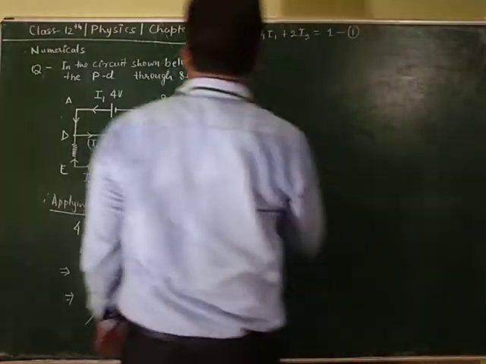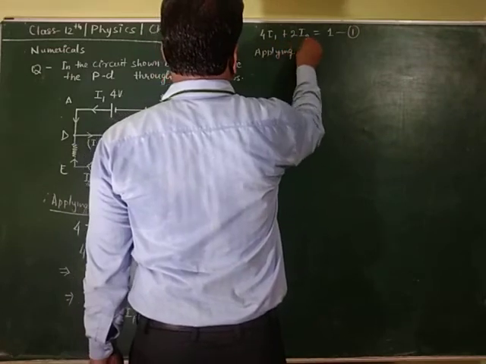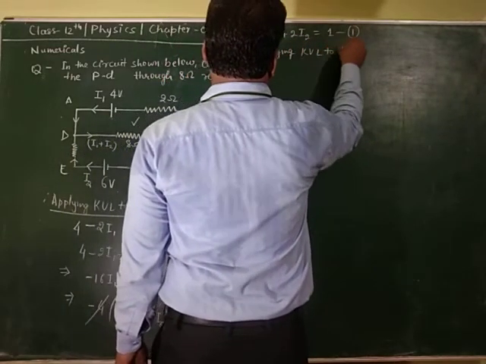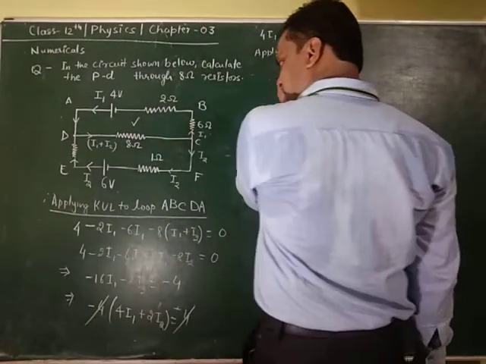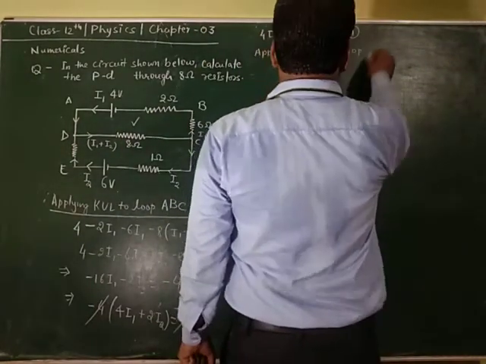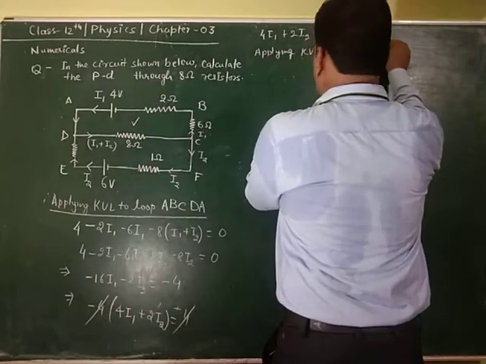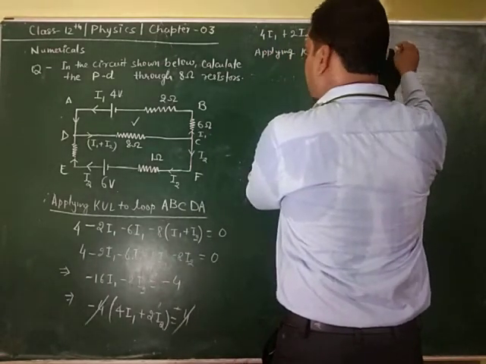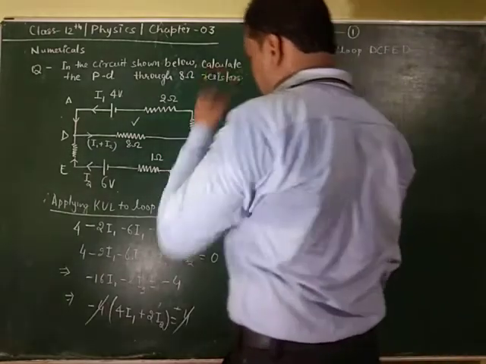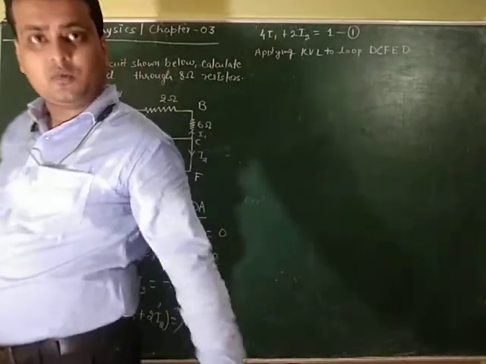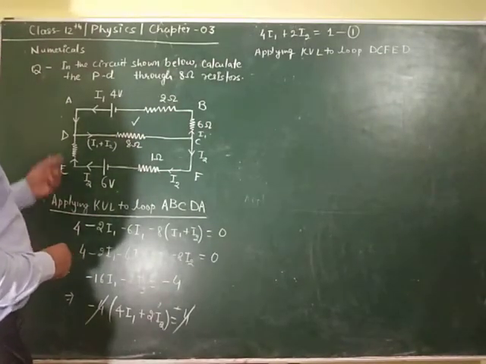Similarly, applying KVL to loop D, C, F, E, D. So we have to move along this.